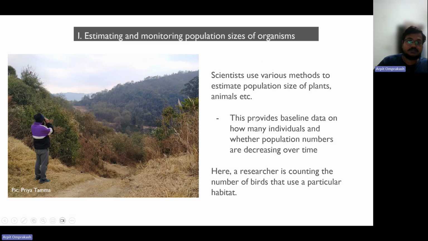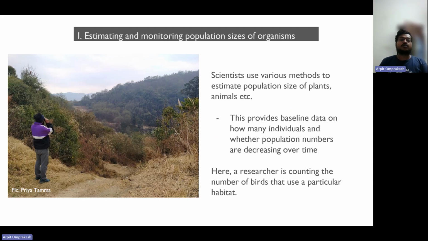The first thing is estimating and monitoring population sizes of organisms. Scientists use various methods to estimate the population size of plants and animals. For example, here someone is probably bird watching, counting the number of individuals they are seeing from a given spot. This provides us baseline data on how many individuals there are and whether population numbers are decreasing over time.